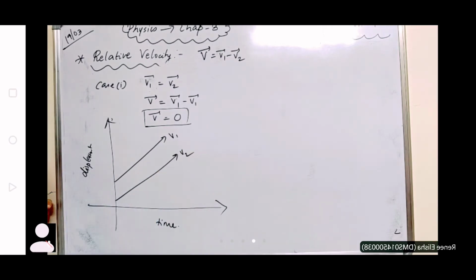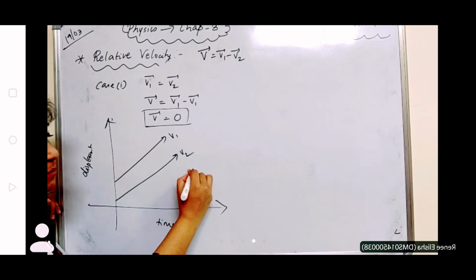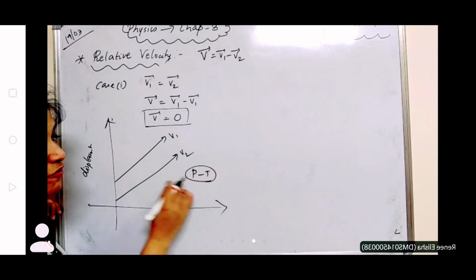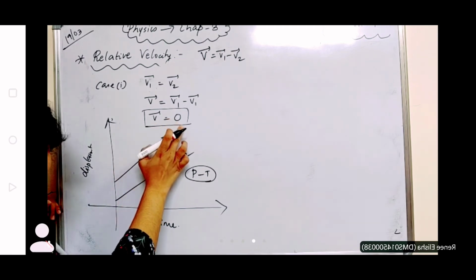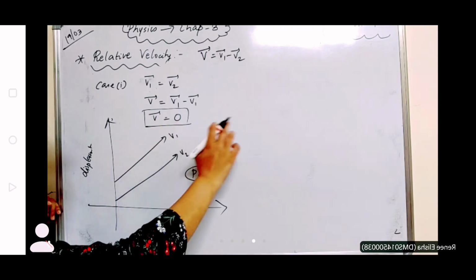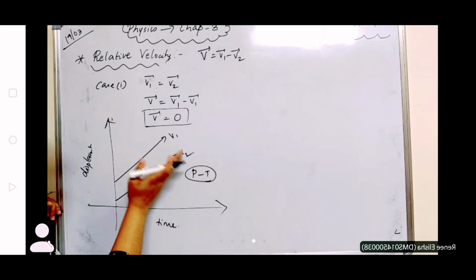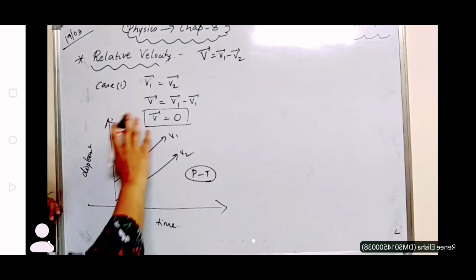That means the 2 objects 1 and 2 are at constant distance and their position time graphs are straight lines which are parallel to each other. So when we plot the position time graph between the 2 objects, if we get relative velocity as 0, that means they are constantly in motion. They are straight lines, parallel to each other. So this is the first case.